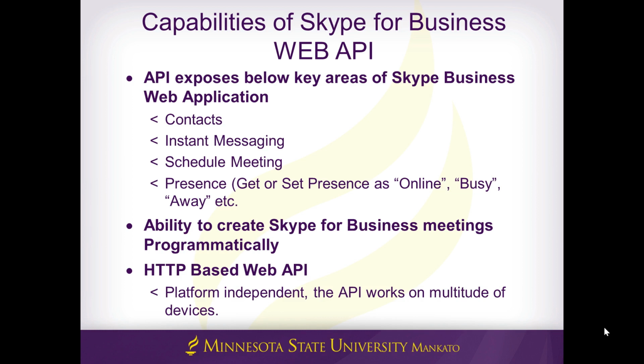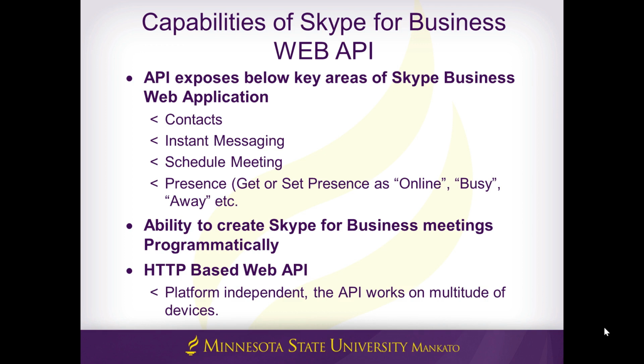The API exposes some of these key areas of the Skype for Business web application. These areas were earlier available only in the graphical user interface, but now through this API, these key features are available for other applications to leverage.